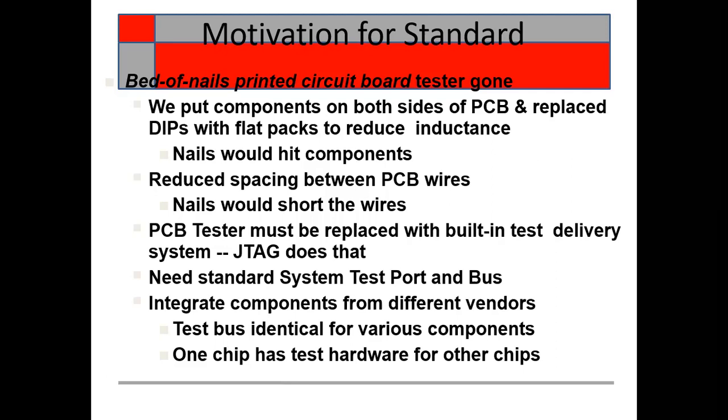In the JTAG system, we take the IC, mount it on the PCB board, then apply some inputs and check its output. That is what we call JTAG. Right now, there are built-in self-test circuits which can test the circuits themselves.